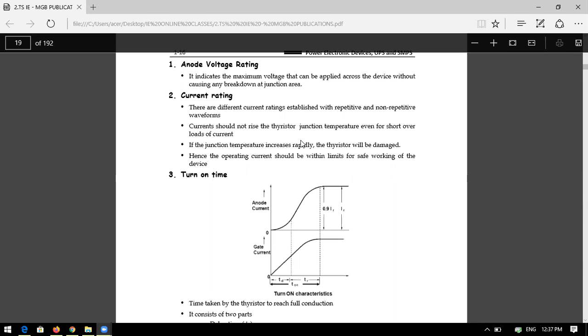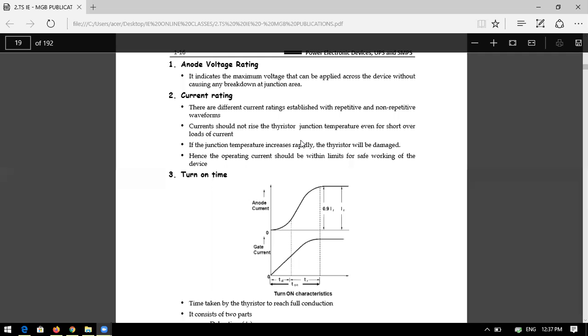That means if you apply any voltage below the maximum anode voltage rating, it will be safe. If you go beyond that maximum specified anode voltage rating, there will be breakdown. The junction will break down, causing enormous current in the device, and it will be burnt. It will be completely damaged. So that is the reason you have to specify a maximum anode voltage rating.